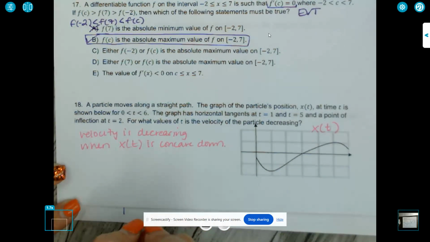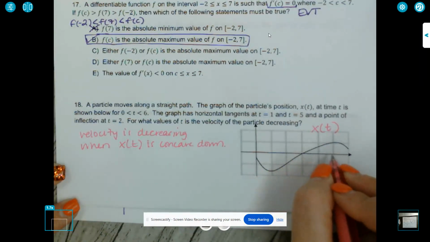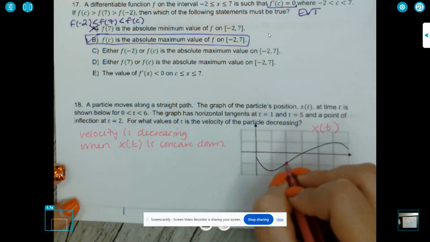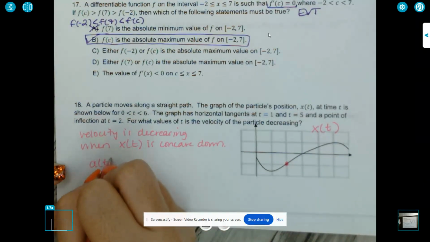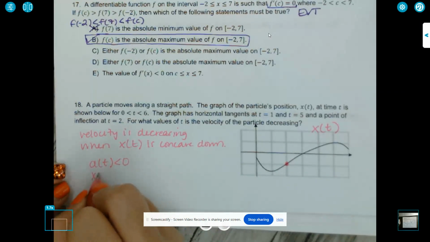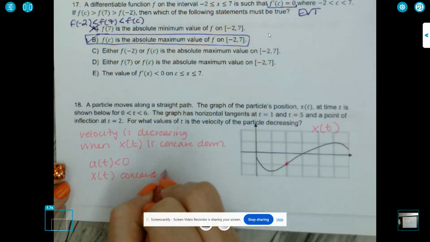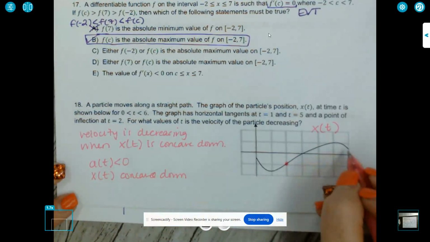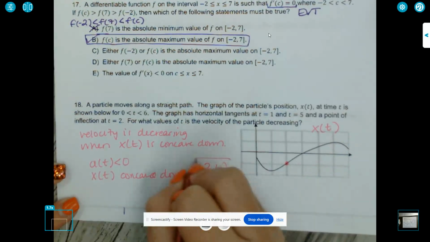Okay, so we are concave down starting here. So a of t has to be less than 0, and x of t has to be concave down. So from here, and then it's going to go all the way over to 6.